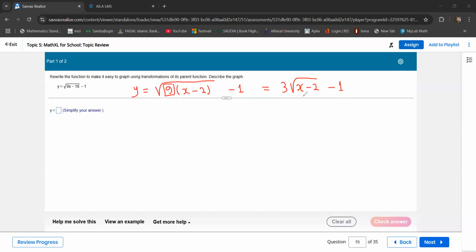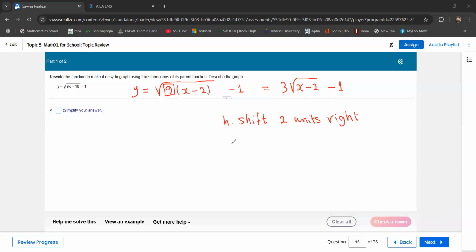Describe the transformation. We can say that it has a horizontal shift 2 units to the right, as minus 2 will make it go to the right.